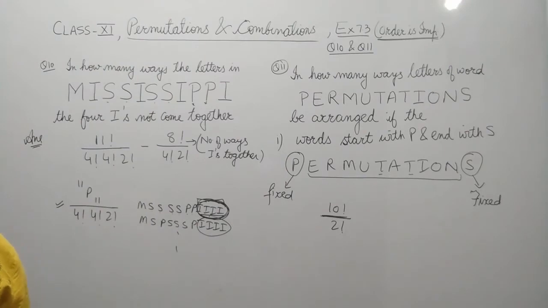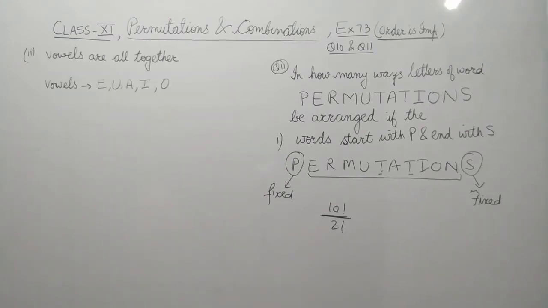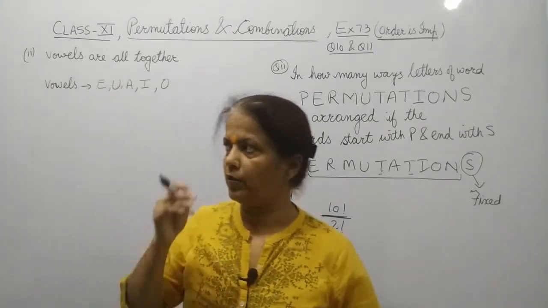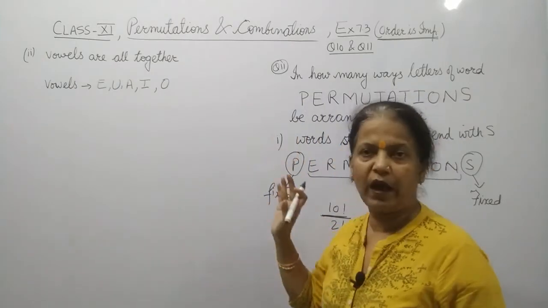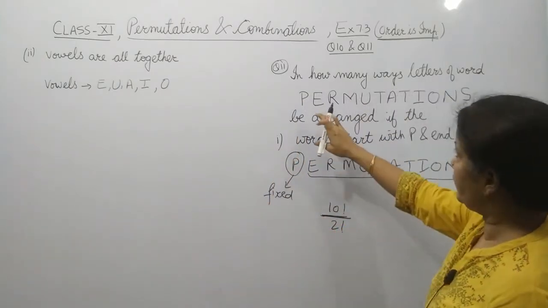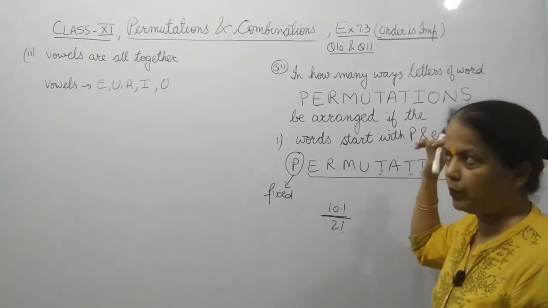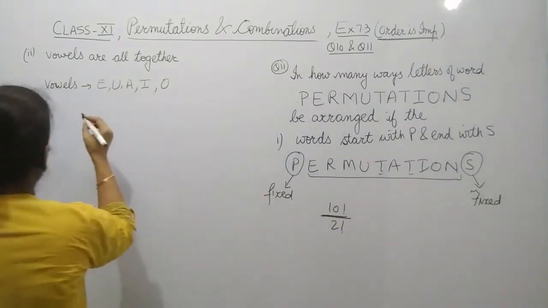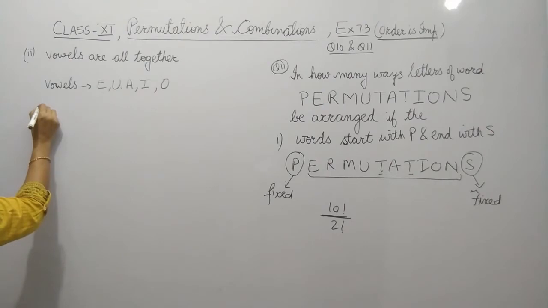Now come to the second one. In the second part, the vowels are together in the word PERMUTATIONS. If we take the vowels together, how can we write it?